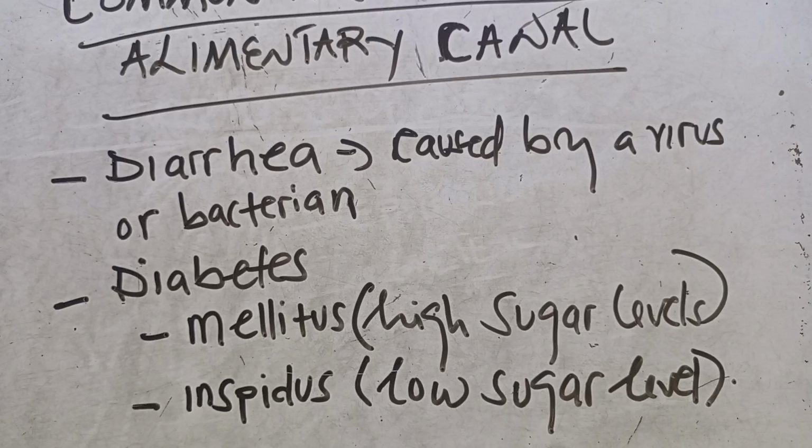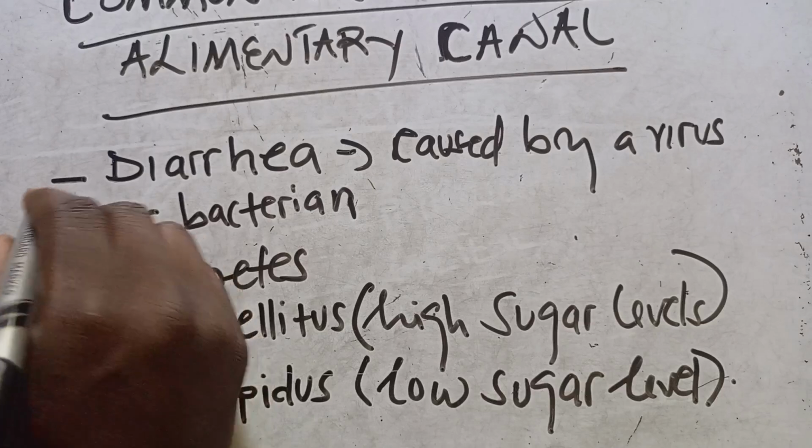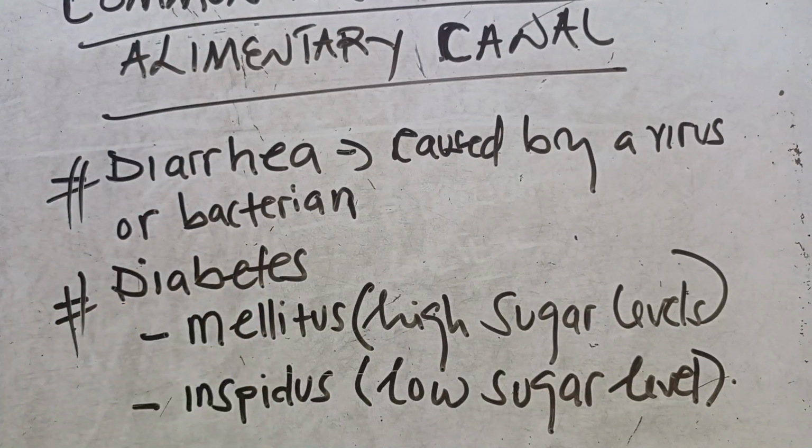So when this hormone is not secreted by the pancreas, being a gland organ, a person is going to suffer from diabetes mellitus or diabetes insipidus. So this is the ailment that we need to know.